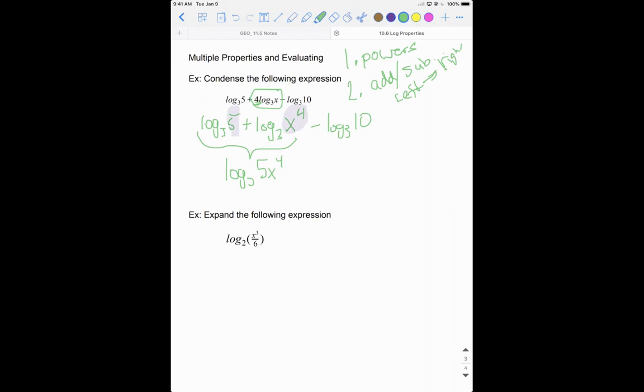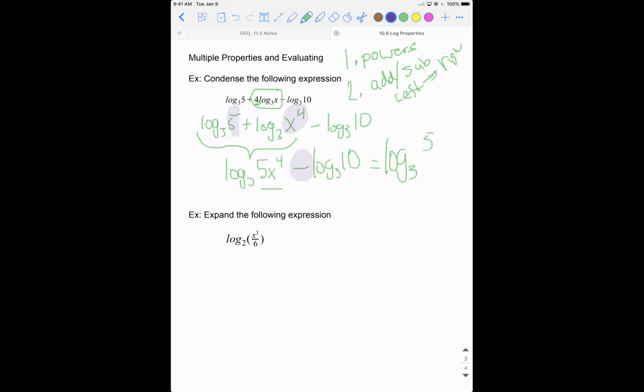Okay, let's bring down the rest. So we bring down this minus log base 3 of 10. Now we have subtraction, right? We've got that subtraction there, which tells us that turns to division. So we've got log base 3, first portion comes first.